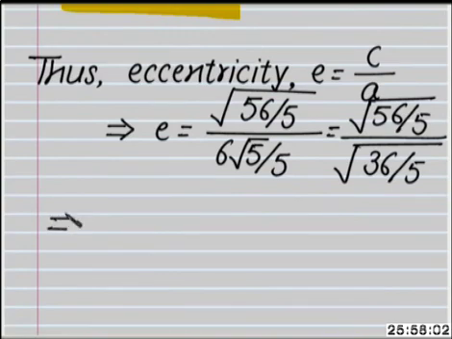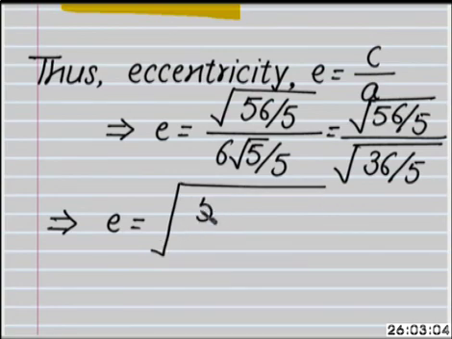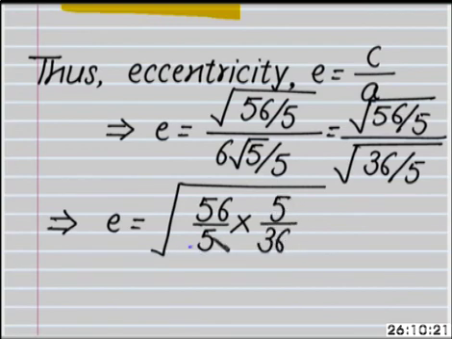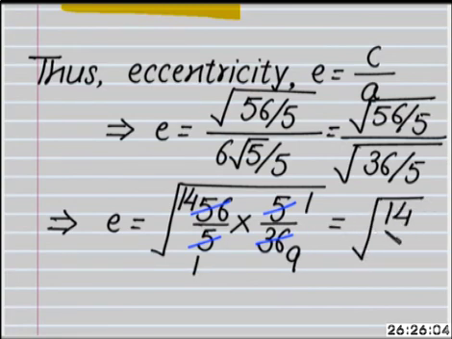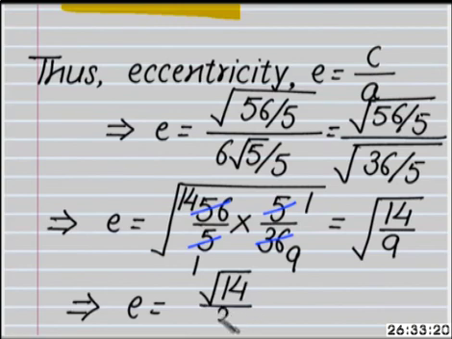So e is equal to square root of 56 upon 5 into 5 upon 36. On solving, it is equal to square root of 14 upon 9, implies that e is equal to square root 14 upon 3.